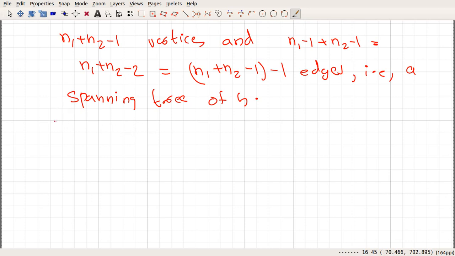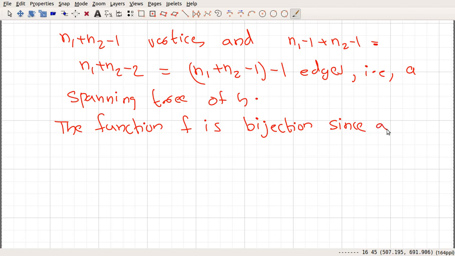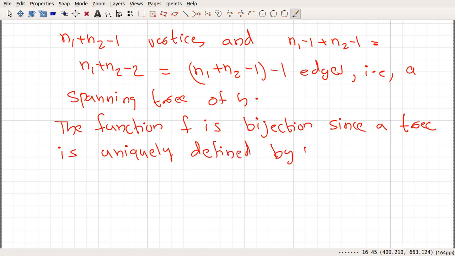Okay, so again we can see that the function f is a bijection, since a tree is uniquely defined by its edges.